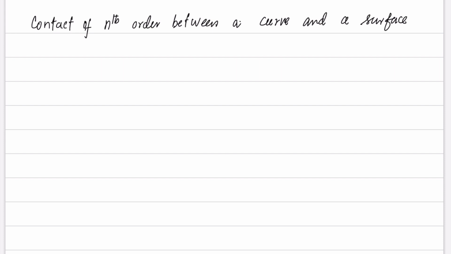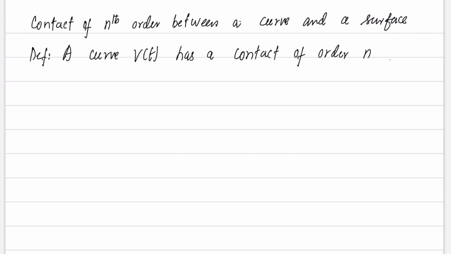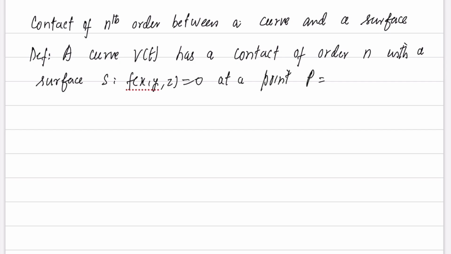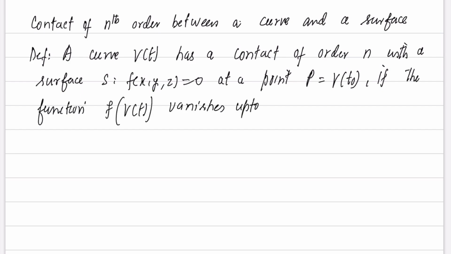It has a definition like this: a curve gamma of t has a contact of order n with a surface S defined as f of x, y, z equal to 0 at a point P, which is defined as gamma of t0. So this is a point lying on the curve.